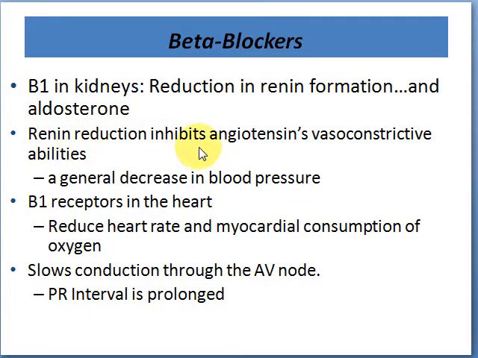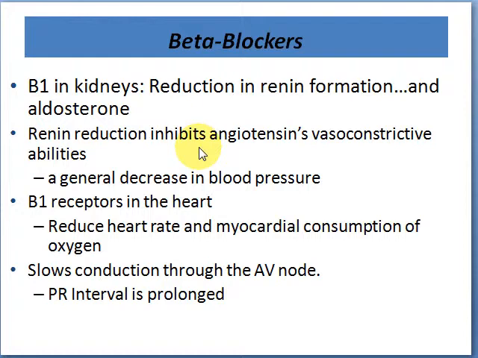And here also beta blockers cause a reduction in renin, which, as I mentioned earlier, decreases aldosterone and decreases angiotensin, resulting in the decrease in blood pressure, decrease in heart rate, but also most notably it slows the conduction through the AV node.